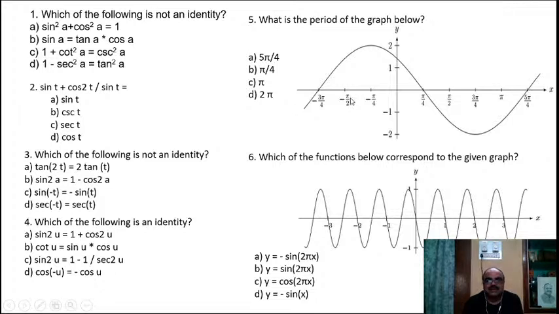You can see that 1, 2, 3, 4, 1, 2, 3, 4. The distance is 1, 2, 3, 4, 1, 2, 3 and 4. The period movement of the graph is equal over there. 180 this way, the other way 180. It will be 360 degrees.